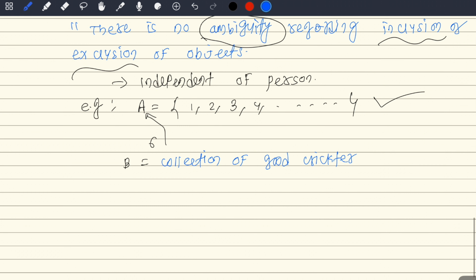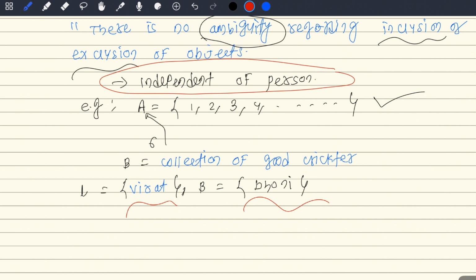Now, suppose for Lavanya, Virat is a good cricketer, and for Bharti, suppose Dhoni is a good cricketer, but both are different, right? That means it depends on the person. So the collection of good cricketers is not well defined.